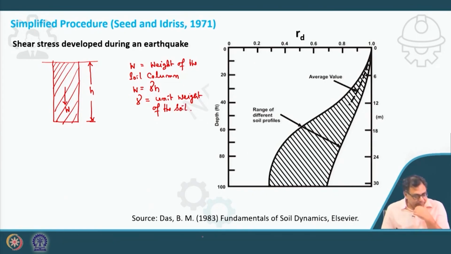Now the maximum horizontal acceleration applied at the ground surface is Amax. Remember that it is on the ground surface.